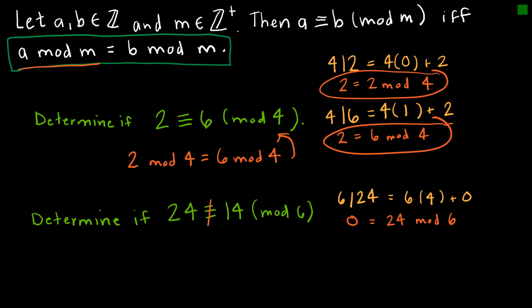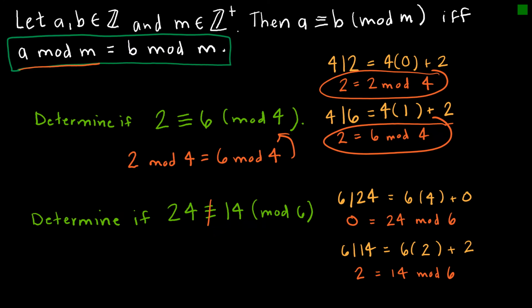And now let's look at the other one. We have 14. Does 6 divide 14? Again, we're saying 6 times some number plus some other number. This one would be 6 times 2 is 12, plus 2 is 14. And notice here, my remainder is 2. So 2 equals 14 mod 6.